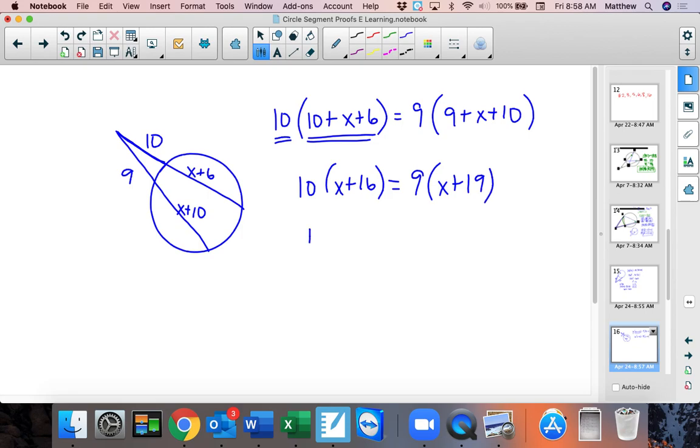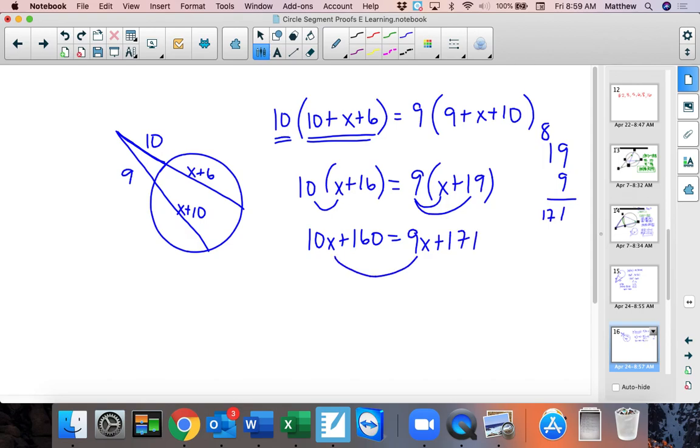And we've got to distribute now, 10x plus 160 equals 9x plus 171. Let's do it over the side. I believe that's right, 171. I'm going to subtract. I'm going to get x over here and subtract over here. I'm going to get 171 minus 160 is 11. Now I can again go back and check.